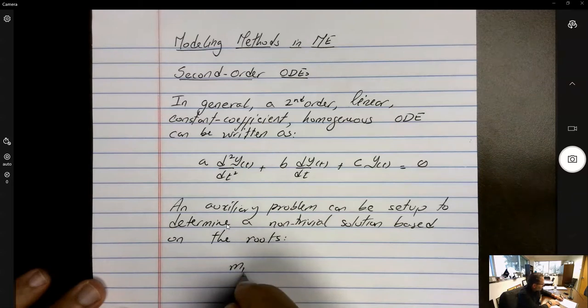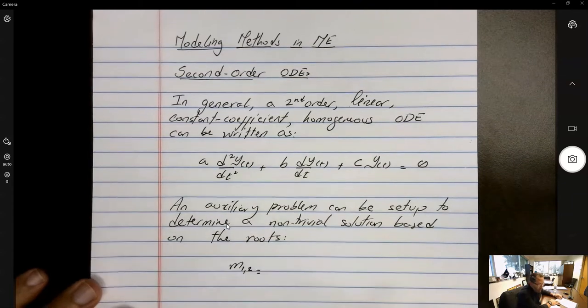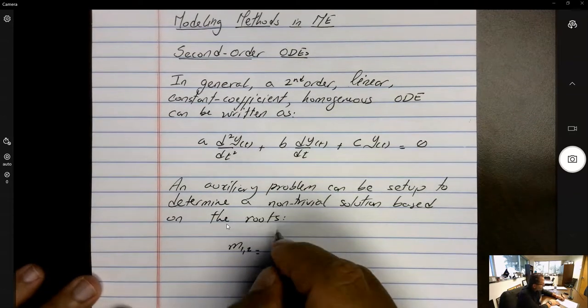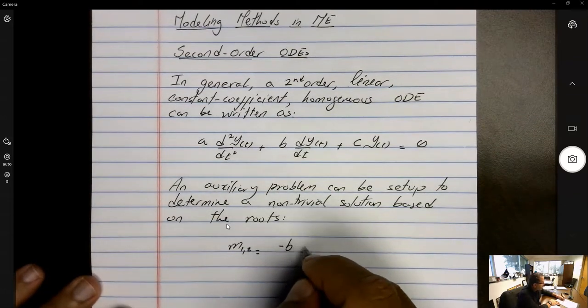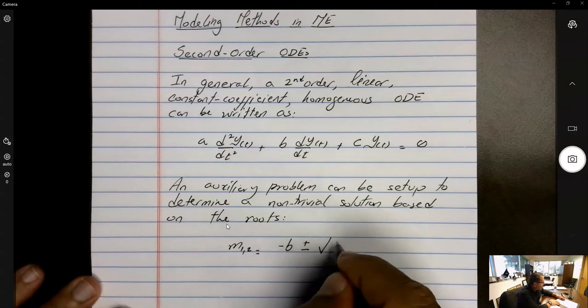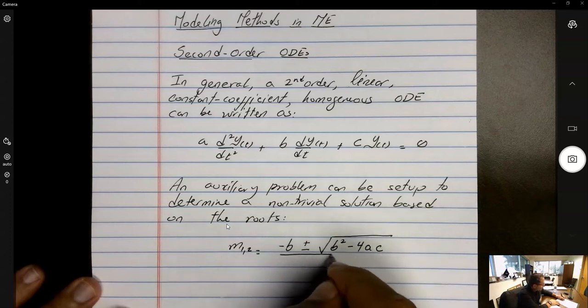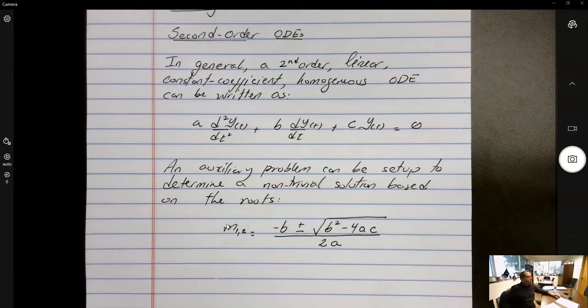So we find the roots m1 and m2 based on coefficients a, b, c, as if this were a quadratic equation. It turns out that the auxiliary problem ends up giving you a quadratic equation for the eigenvalues for a non-trivial solution, and these roots just follow the quadratic roots, just as that.